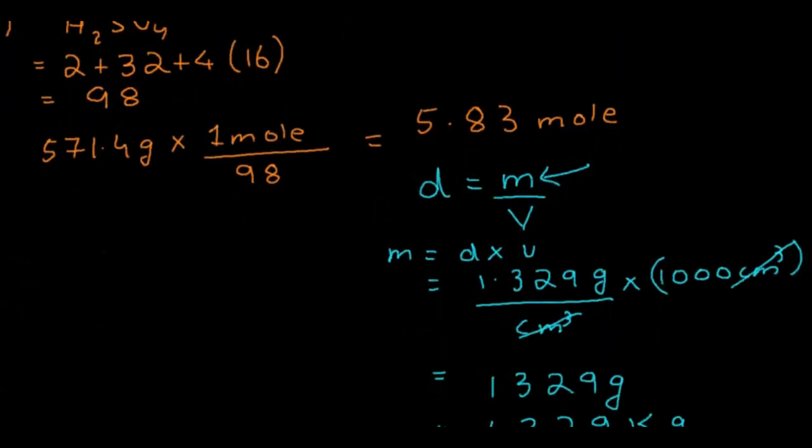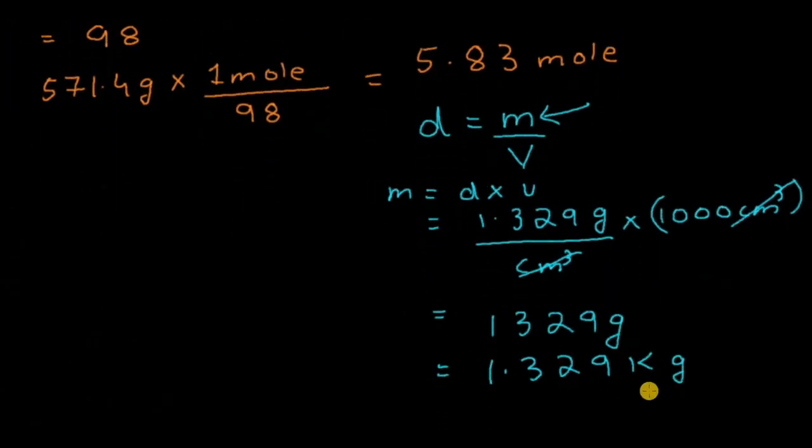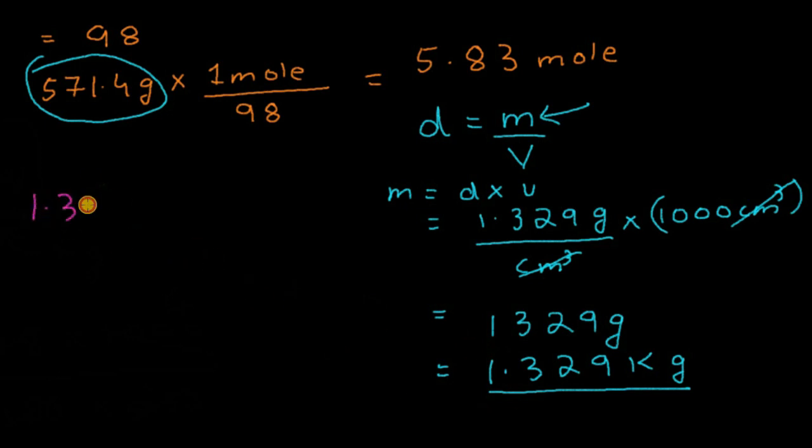But in the formula, we require mass of solvent. So what we do is, we take the mass of solution and we subtract the mass of the solute. So what we will get is the mass of the solvent. So now the mass of the solvent will be equal to 1.329 kilogram minus, we see that it is in grams here, 571.4 grams of sulfuric acid is there.